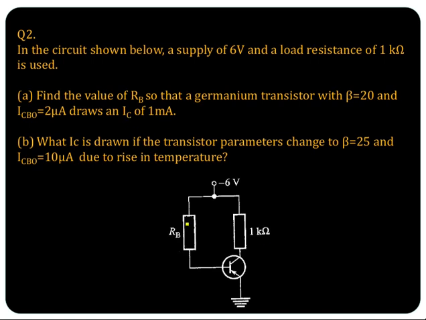You are asked to find the value of RB so that a germanium transistor with beta equal to 20 and ICBO equal to 2 microampere draws an IC of 1 milliampere. The second part is you have to find out the IC drawn if this transistor's parameters change to beta equal to 25 and ICBO equal to 10 microampere due to rise in temperature.